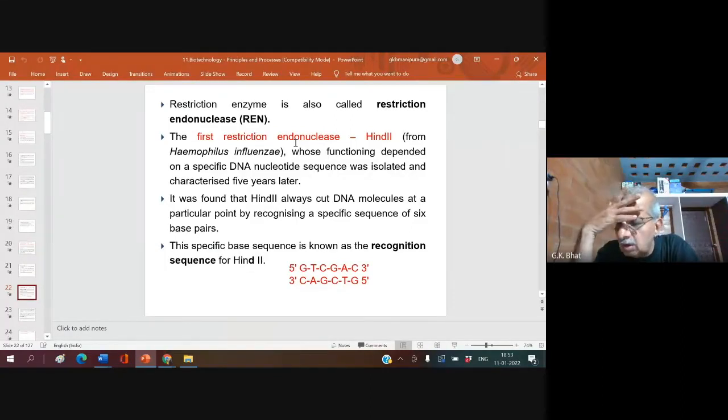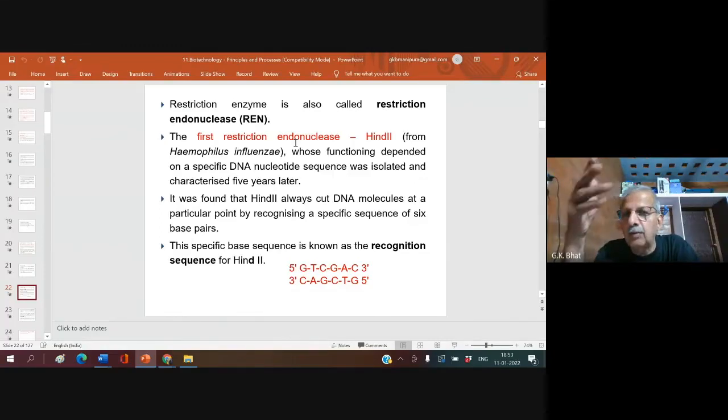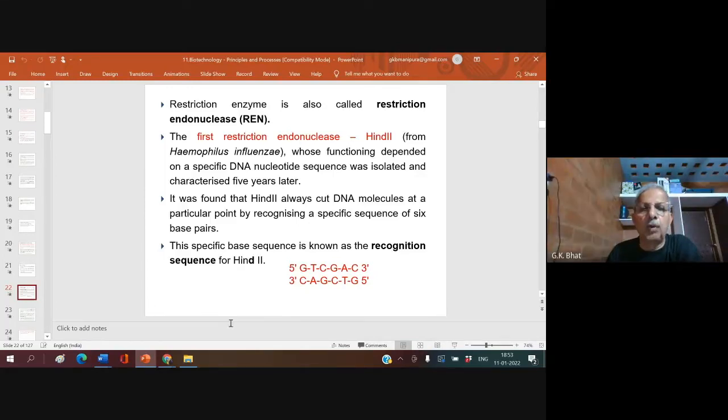It was found that HindII always cut a DNA molecule at a particular point by recognizing a specific sequence of 6 base pairs. What is a restriction enzyme otherwise called? Molecular scissors. This specific base sequence is known as the recognition sequence or recognition site for HindII.